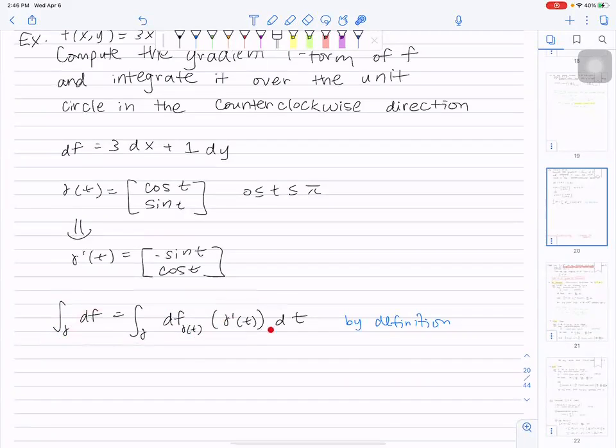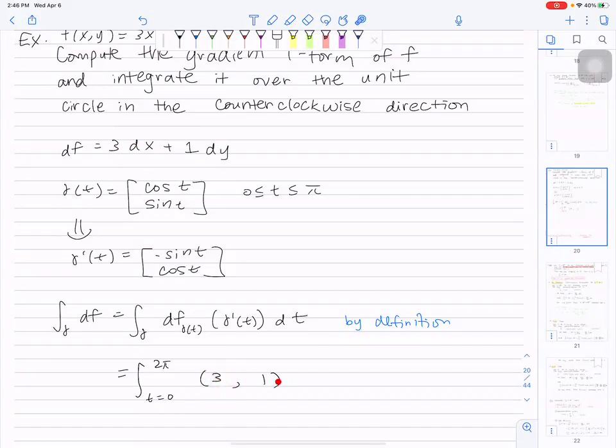That's our definition. So now evaluating it, what is our t? T goes from 0 to 2 pi. What is our df? Our df is 3, 1. 3 is our first component, 1 is our second component. And if we were to plug in our parameterization, well, there's no t's or x's here, so there's nothing to plug in.